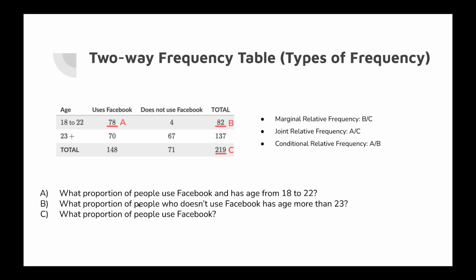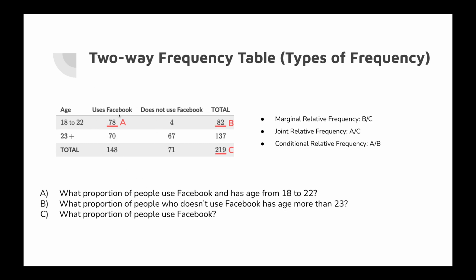Since the population of this question is people, or the total number of samples in this study, it should be, what is it? 219. And the sample should be people who use Facebook and have an age from 18 to 22.